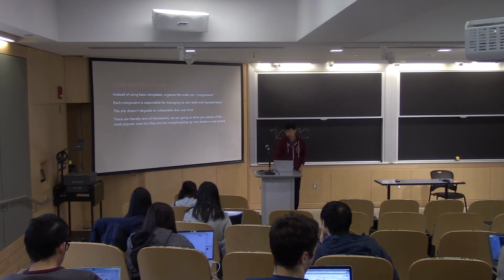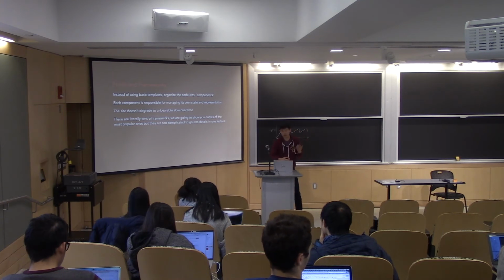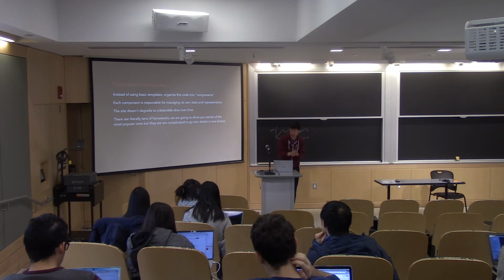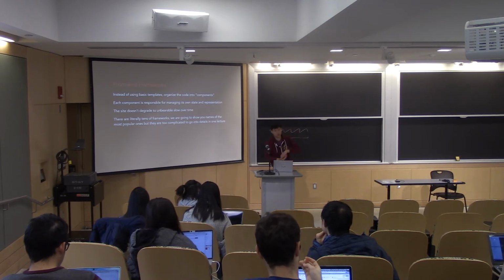All right, so moving on from languages to the topic of front-end frameworks. As we taught you in class, when you want to do anything with the front-end, you usually take your JavaScript, you create a new HTML element, you populate the HTML element with what you want, and then you insert it to the page.